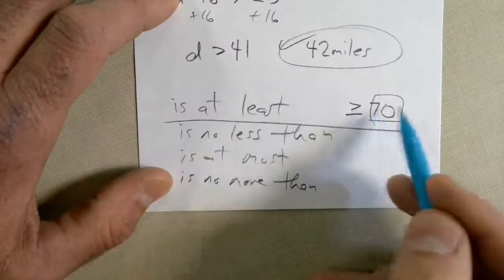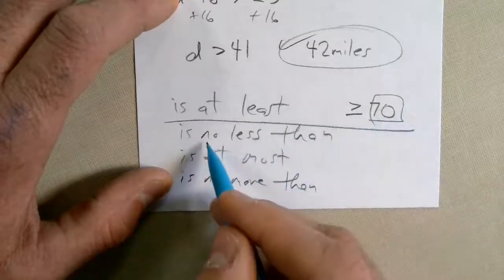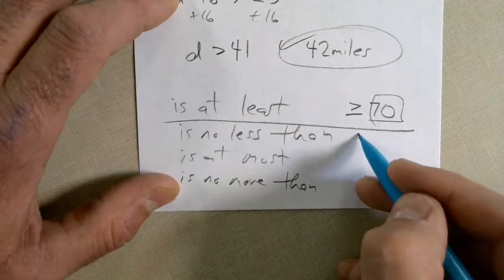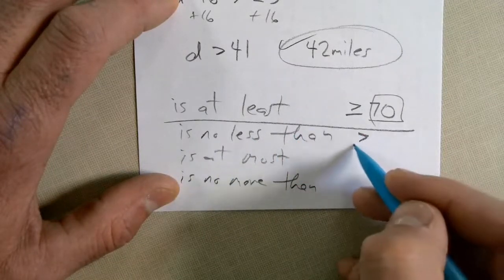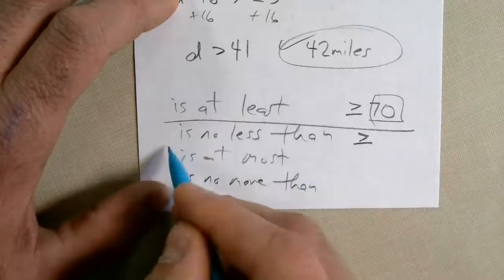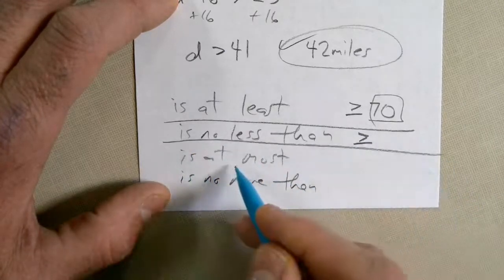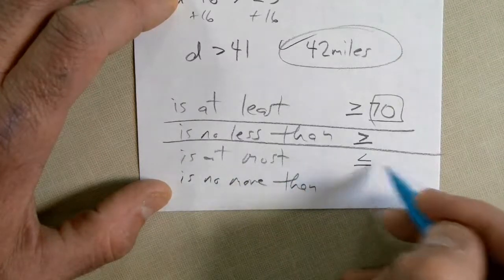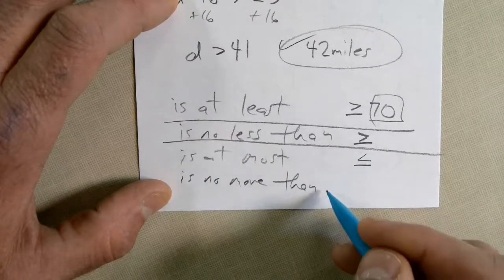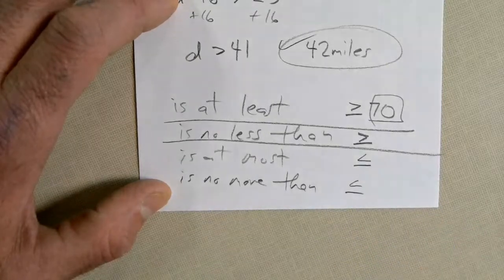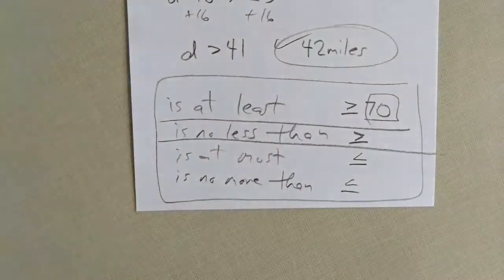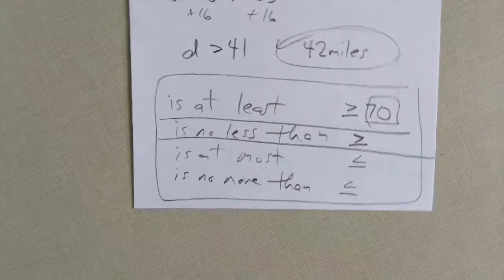It's bigger than or equal to something. If you say is no less than, you mean it could be bigger or it could be equal to. If you say is at most, what you mean is it's less than or equal to. And if you say is no more than, you mean the same thing. So you've got to get these words down. Think them through to see if they actually make sense to you.